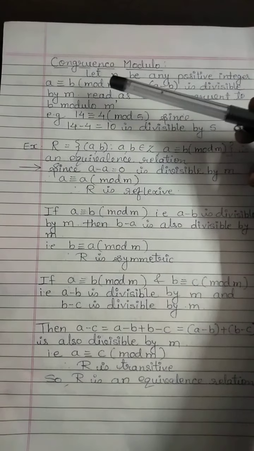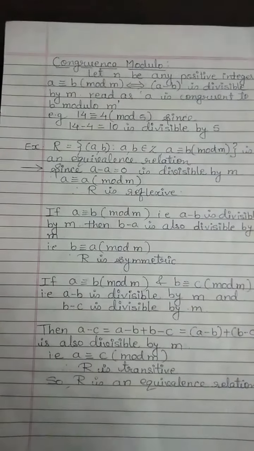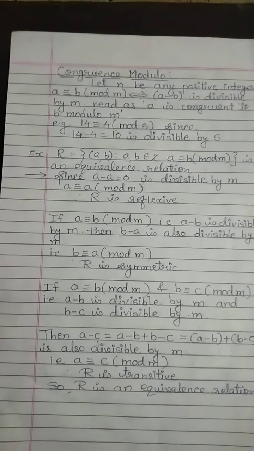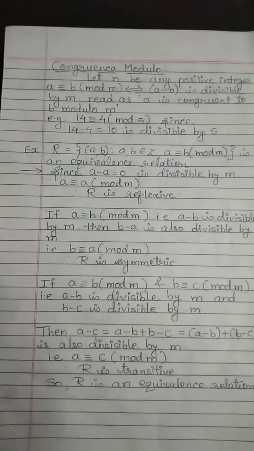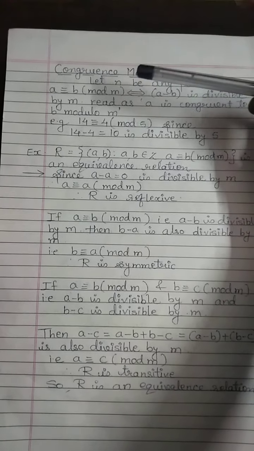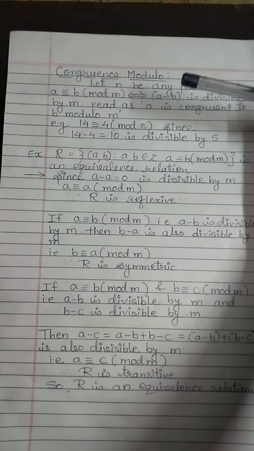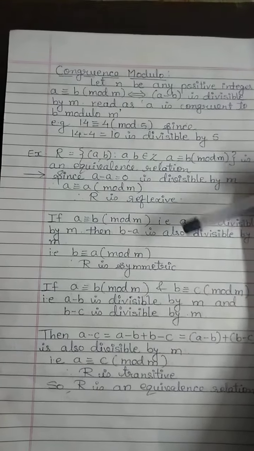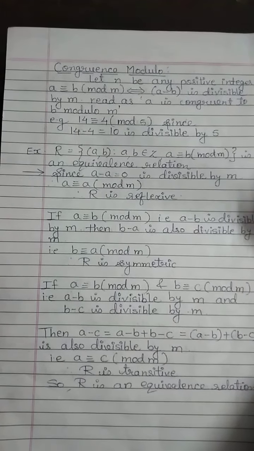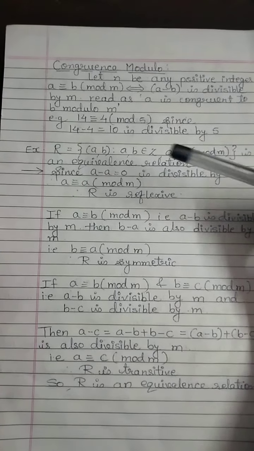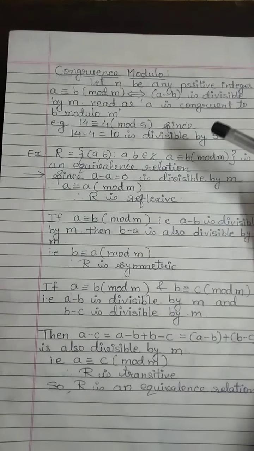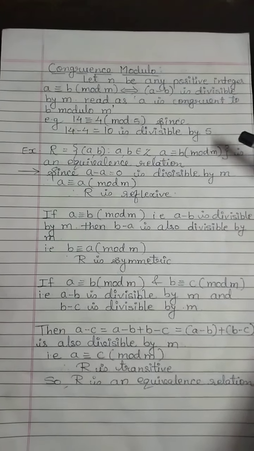A is congruent to B mod m implies that A minus B is divisible by m, and we can read this as A is congruent to B modulo m. For example, 14 is congruent to 4 modulo 5, since 14 minus 4, that is equal to 10, is divisible by 5.